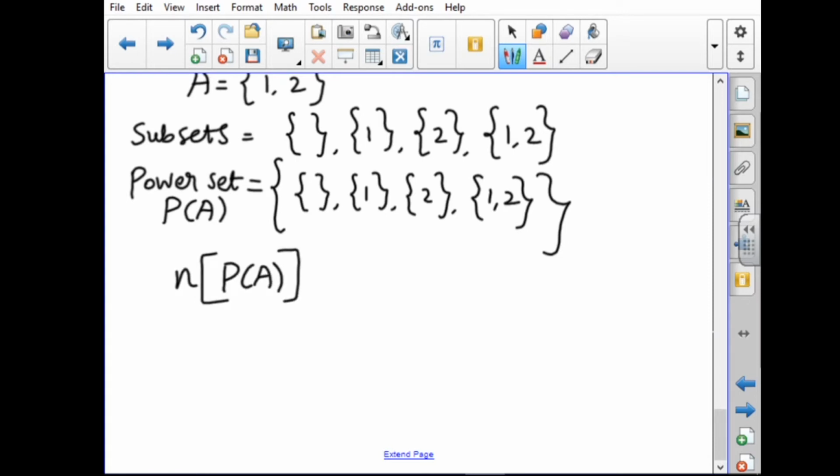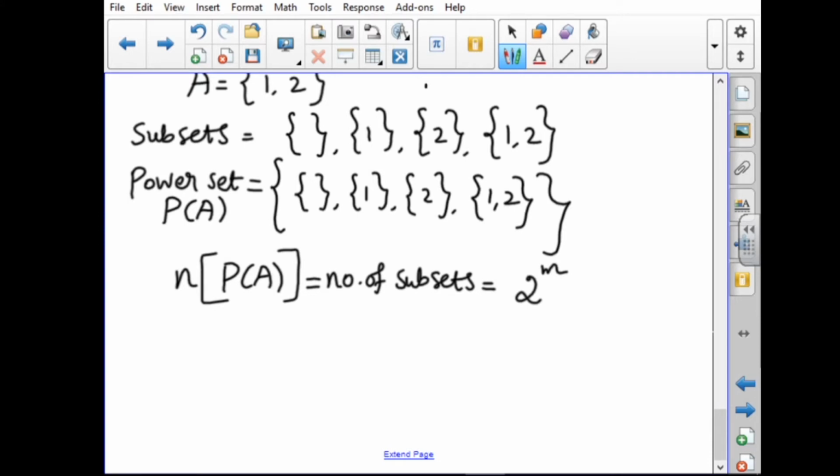Here we have only two elements, so we can easily find the number of subsets. If we have more elements, we are not able to find the number of subsets easily. So we can use the formula for n of P of A, that is the number of subsets is equal to 2 power m. Here m is the number of elements in the set.